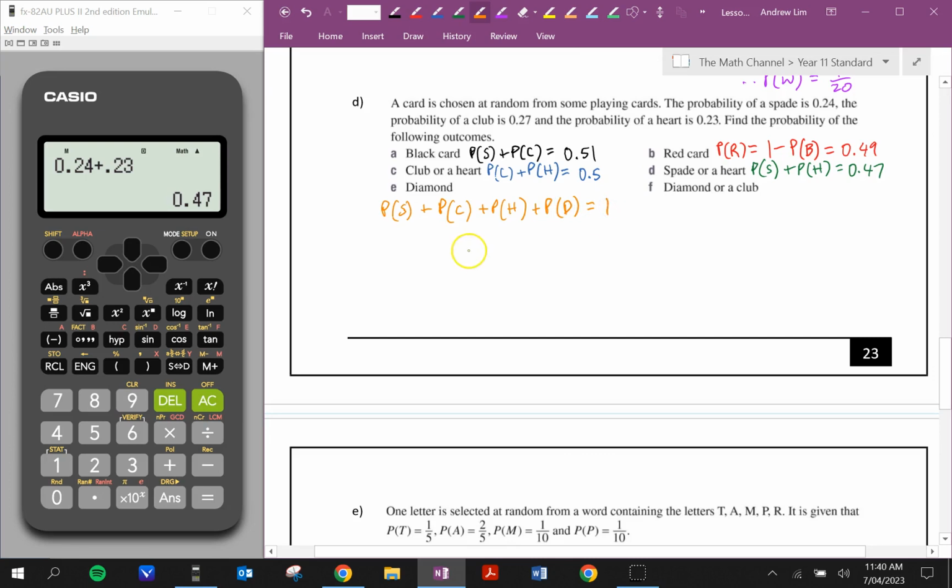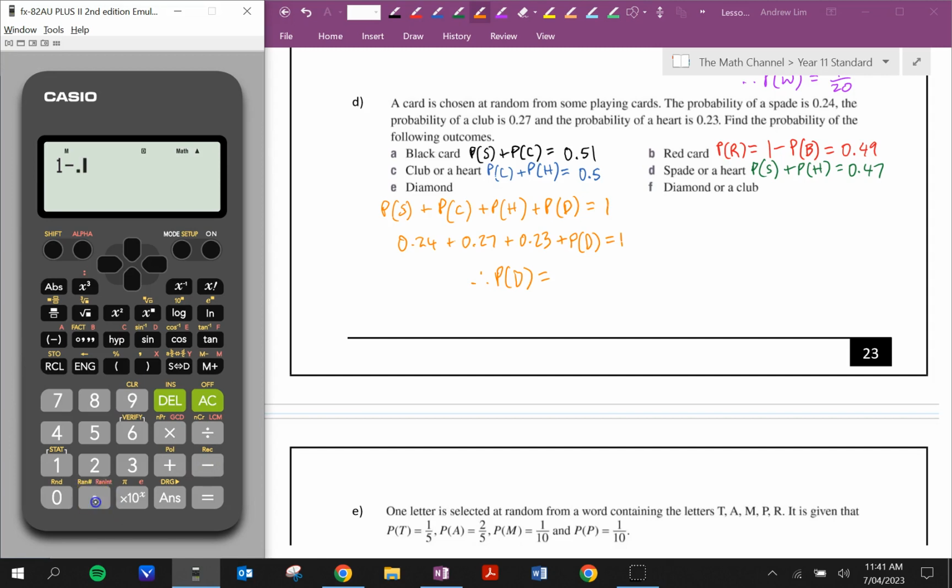And so from here, we can work out, because we know spade is 0.24, club is 0.27, heart is 0.23, we can work out that the probability of a diamond is equal to 1 minus all of those. So 1 minus 0.24, 0.27, and 0.23 to give us 0.26.